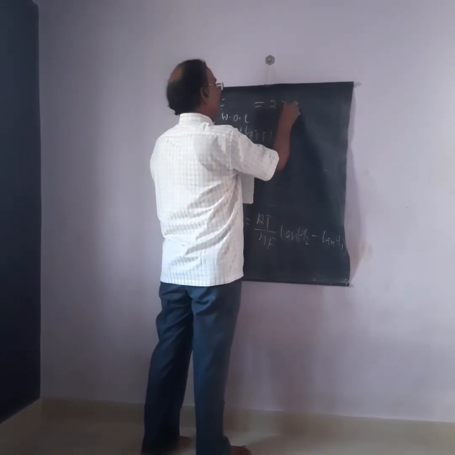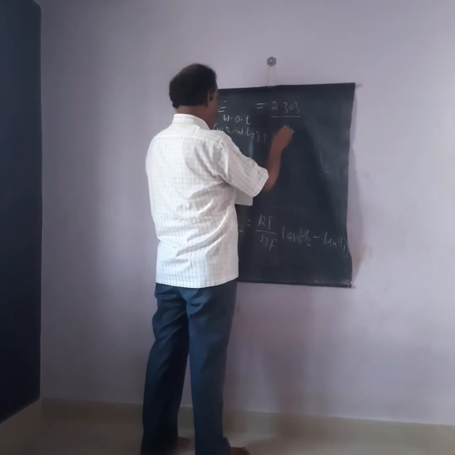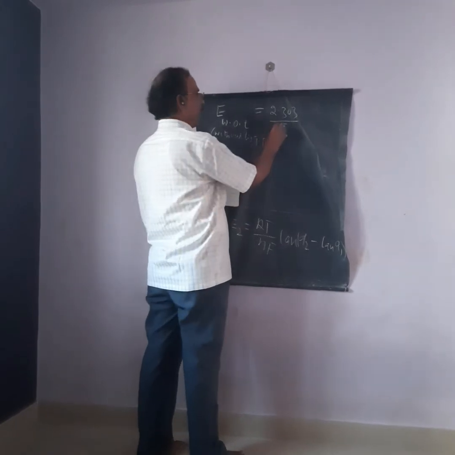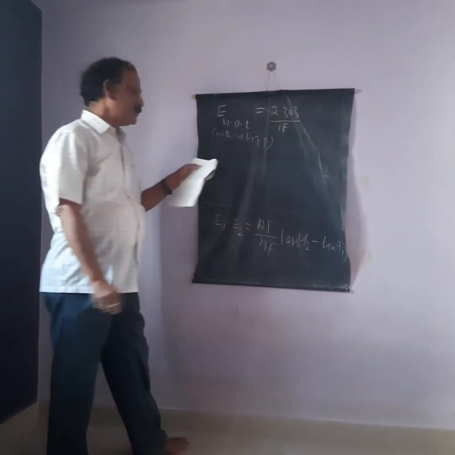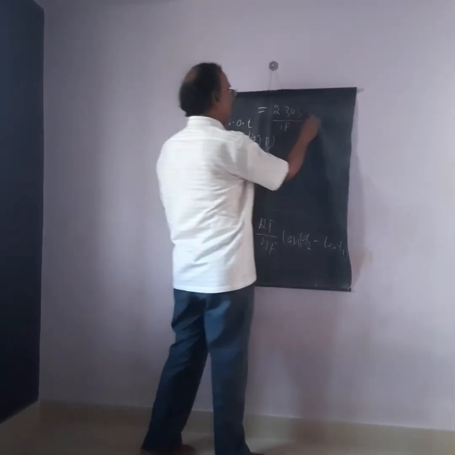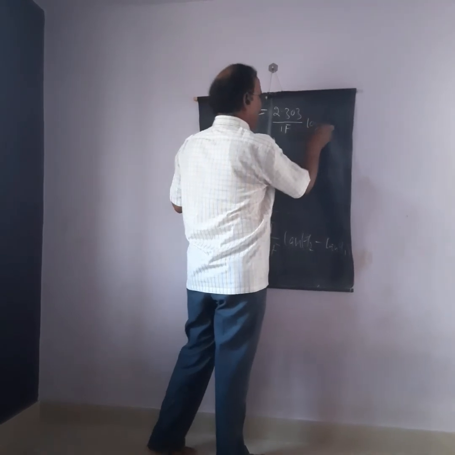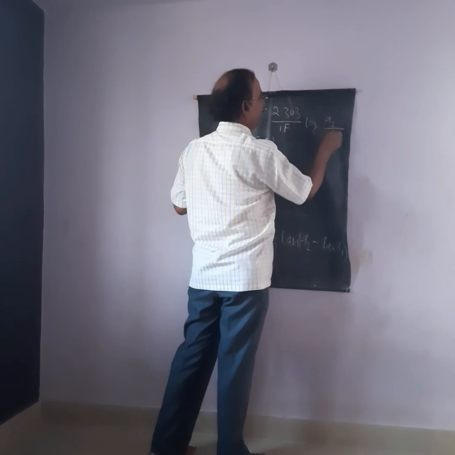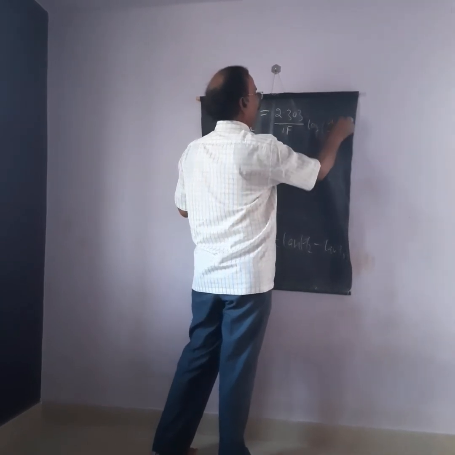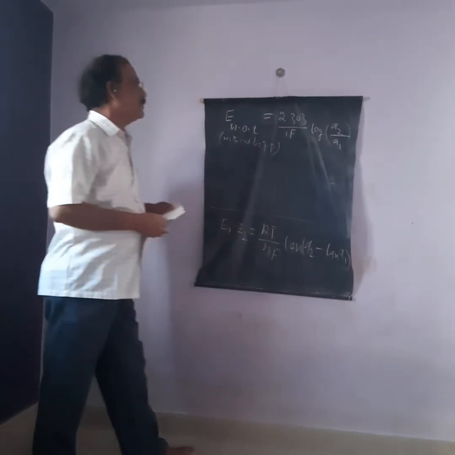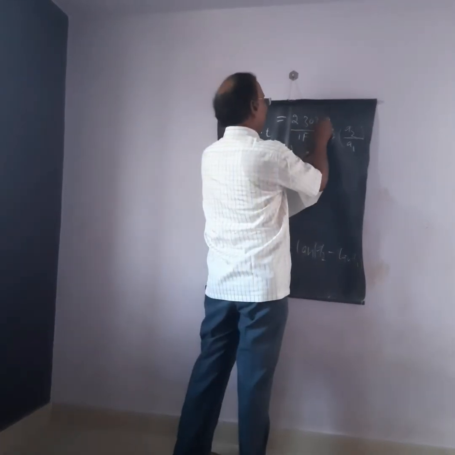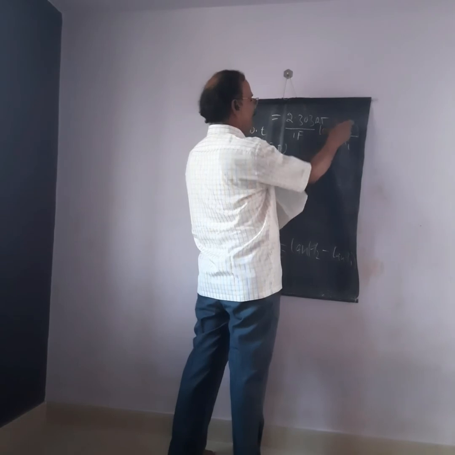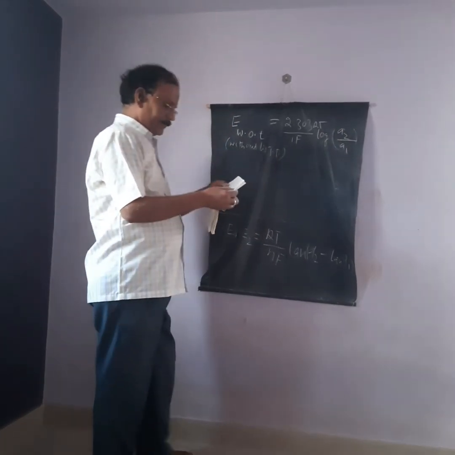2.303 RT divided by F, because n is equal to 1, into logarithm of a2 divided by a1. 2.303 RT by nF into logarithm of a2 by a1.